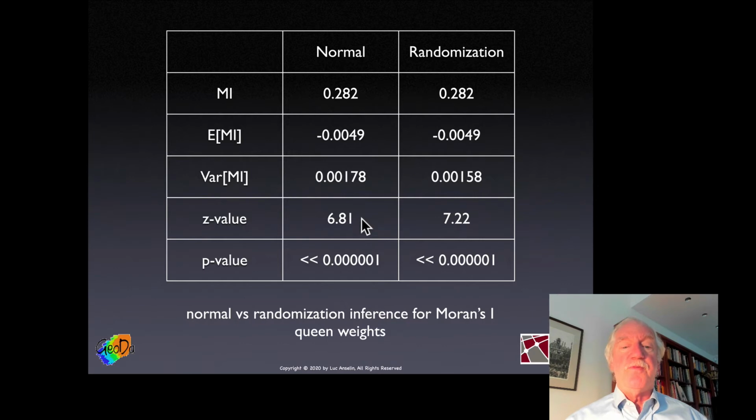As a result, the z-value, which we get by subtracting the same mean, but dividing by the standard deviation, since this variance for randomization is smaller, the resulting z-value will be larger. Both of them are highly significant. And because we can compare the z-values directly, we would say there's stronger evidence under randomization than under the normal null hypothesis. Of course, it's the same statistic, so this can be confusing if one approach says it is significant and another approach says it's not, which can happen.